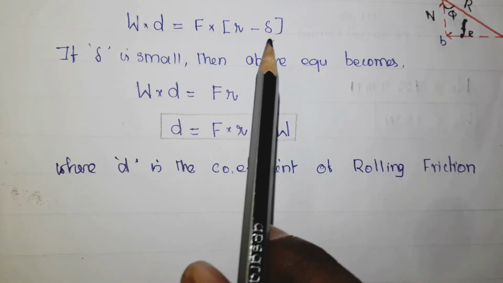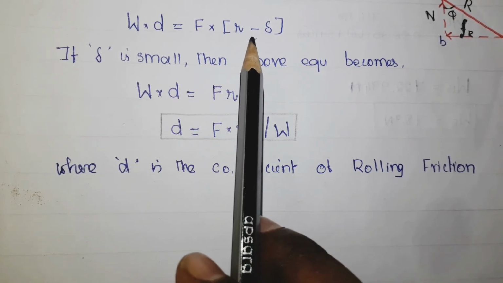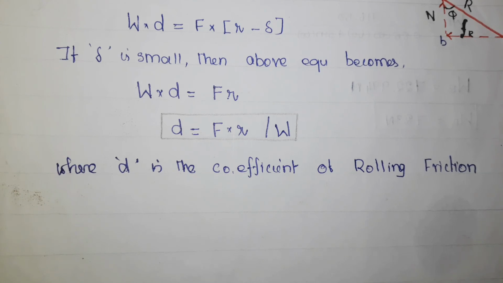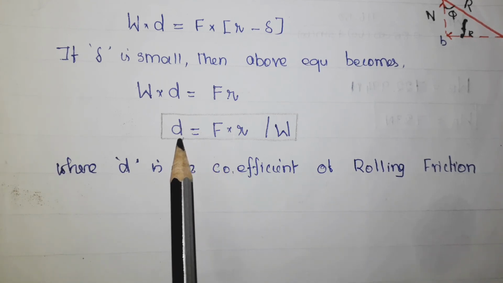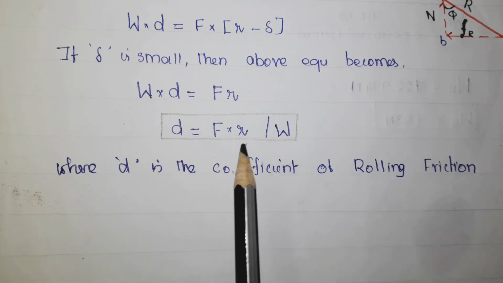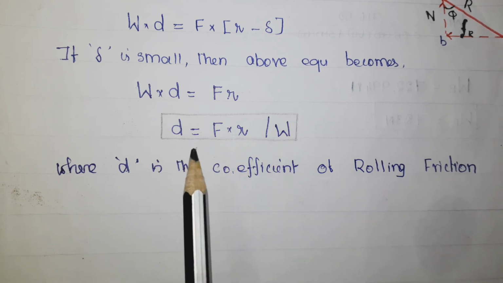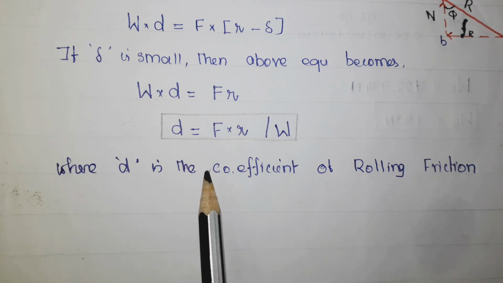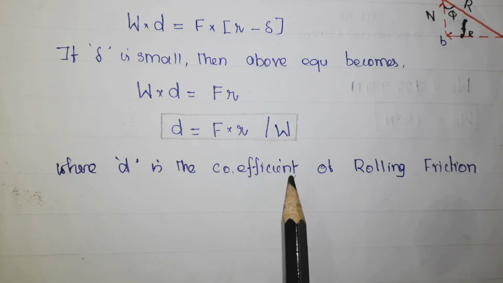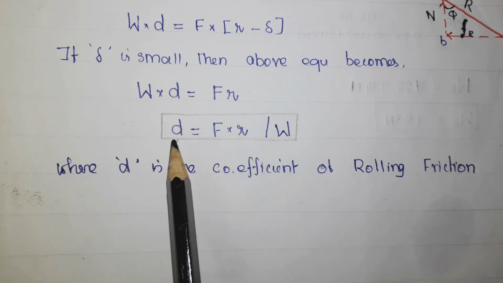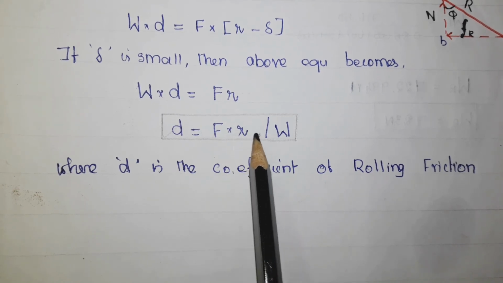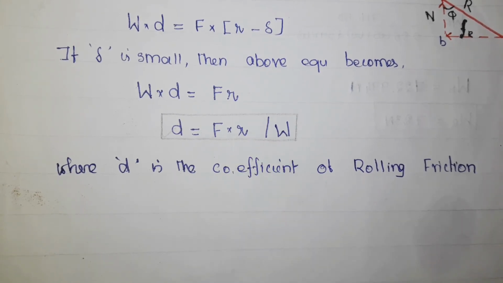Now if this del is small, then the above equation will become W into D equal to F into R. From this equation, you get the answer for D, which is F into R divided by W. Now in this equation, the variable D is nothing but the coefficient of rolling friction. So in the case of rolling friction, they will ask you to find this coefficient, and here is the formula: applied force into the radius of the wheel divided by the weight of the wheel.